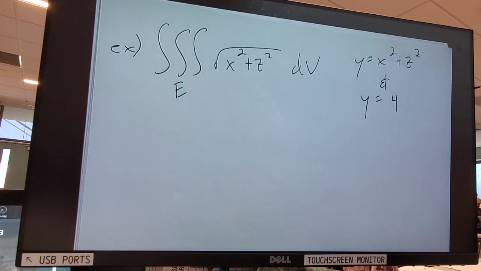In the xy plane, what does it look like? Like a parabola. In the yz plane, what does it look like? Parabola, right? So it's kind of wrapping around the x-axis.